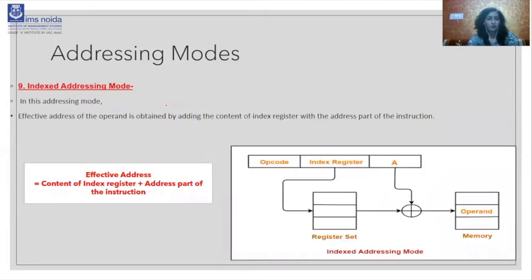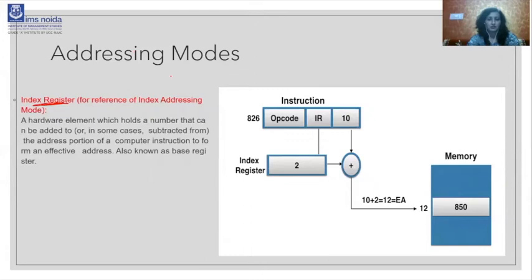Before going to the index addressing mode, you should know the concept of index registers. Suppose this is an example of an index register. This is an instruction, this is the opcode, this is the instruction register, and this contains the address of the operand.